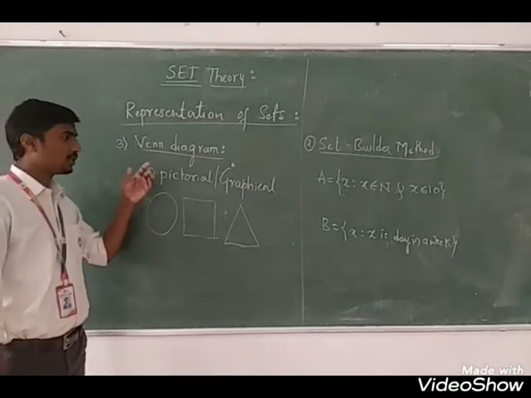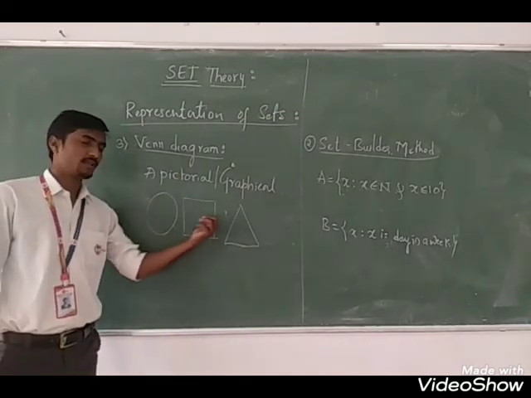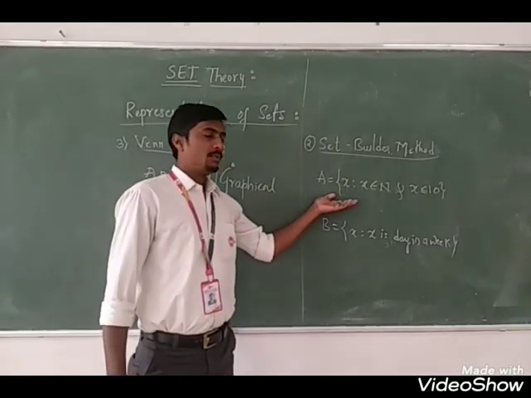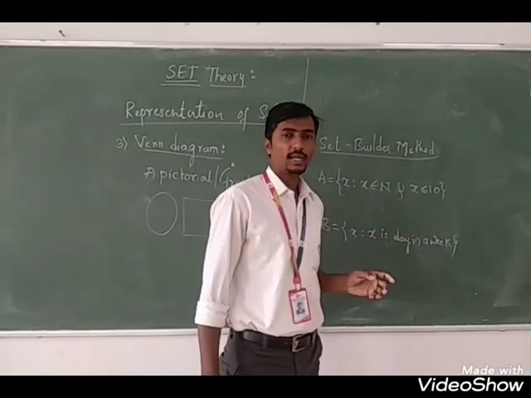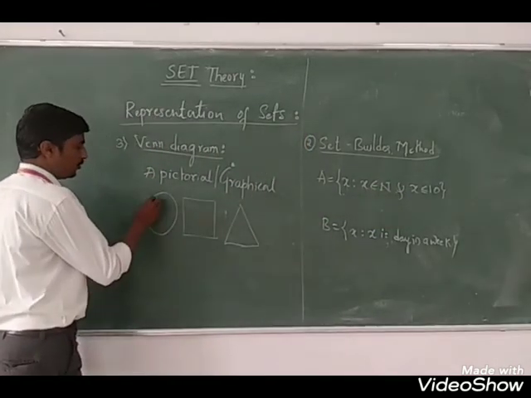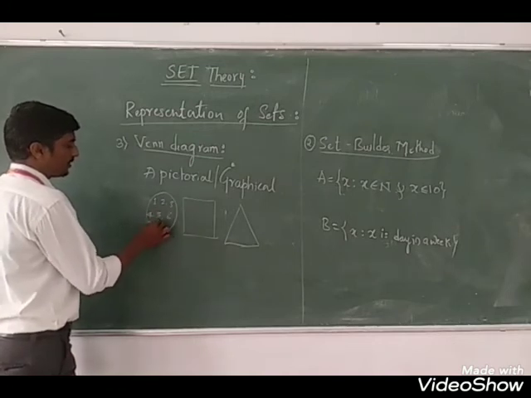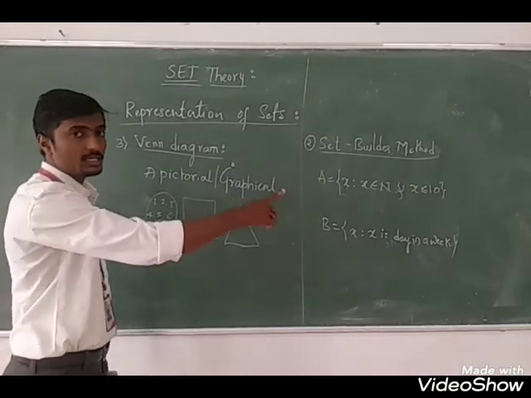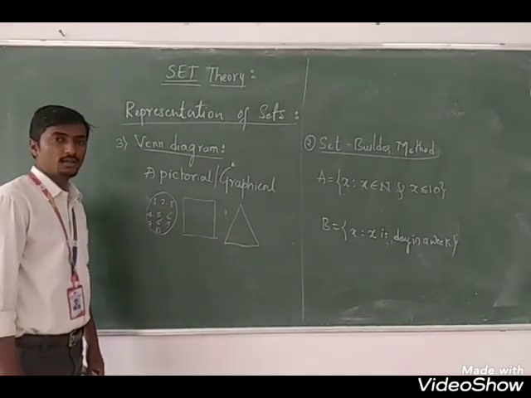How do we represent the elements? We just list all the elements inside this closed figure. As seen previously, for example, x is a natural number less than or equal to 10, so these are all the elements I can write here: 1, 2, 3, 4, 5, 6, 7, 8, 9 and 10. The 10 is included because it is less than or equal to 10.